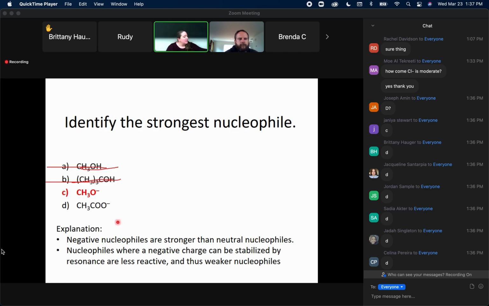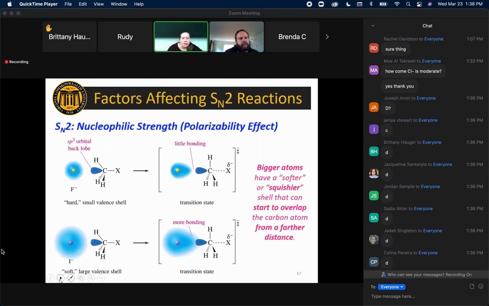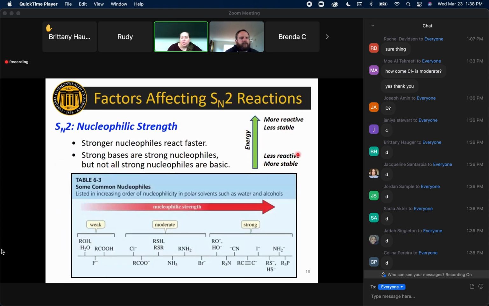Someone's asked in the chat box, so a stable molecule is a weaker nucleophile. And that's right, and that's based on this chart that I said is generic no matter what we're looking for. As energy goes up, you always get more reactive and less stable compounds, and the less reactive are more stable compounds.